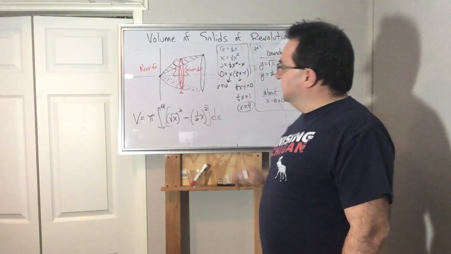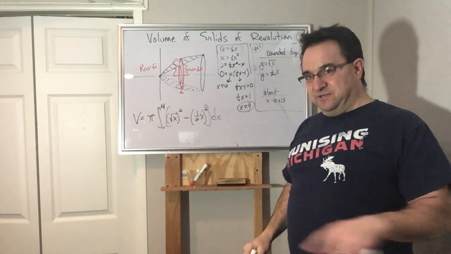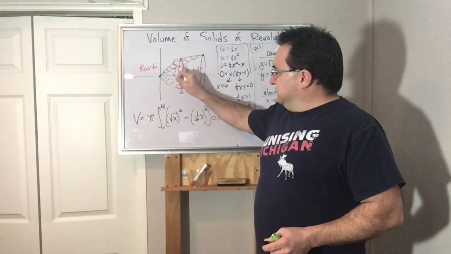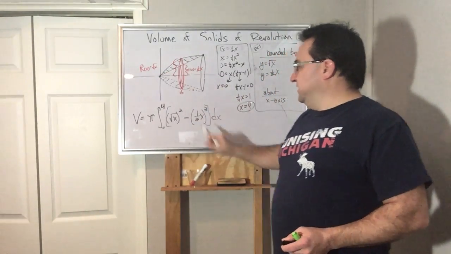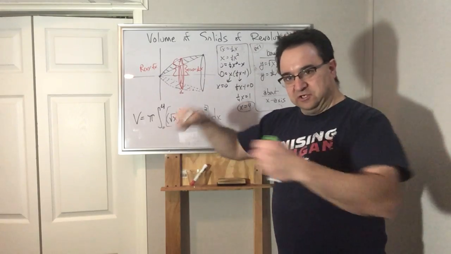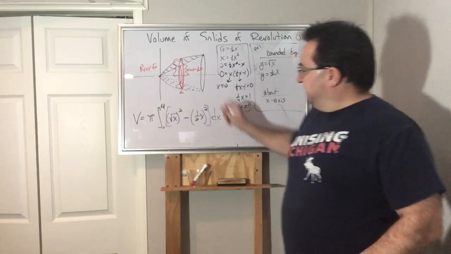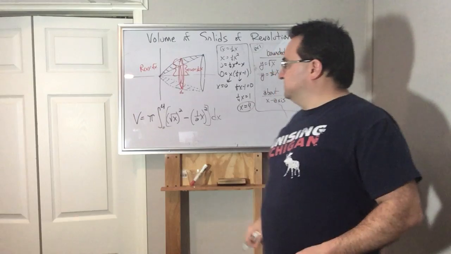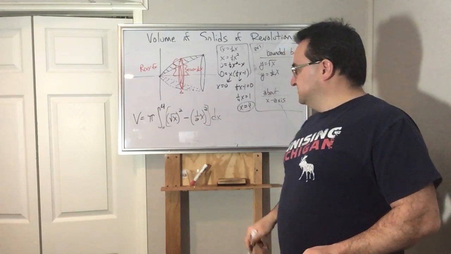I drew my inner one. I gave it a little thickness so I could detect whether it was dx or dy. I made note of what the large radius was and what the small radius was, and then I just started chucking them in my equation. The only part that caused me a little grief is I had to actually compute these limits of integration, the points of intersection. Wasn't too bad, and there it is.